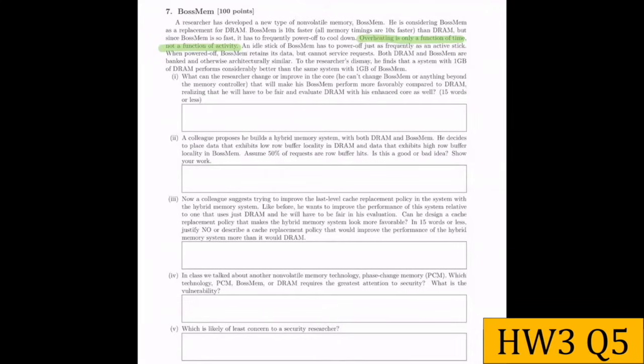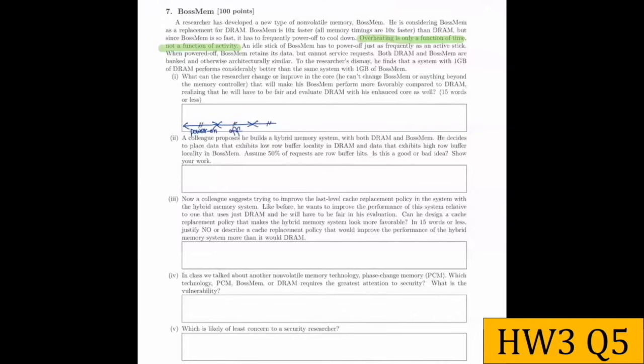So Boltzmann alternates two phases. So this is the timeline. The first phase is power on, and the other is power off. And Boltzmann alternates these two again and again.